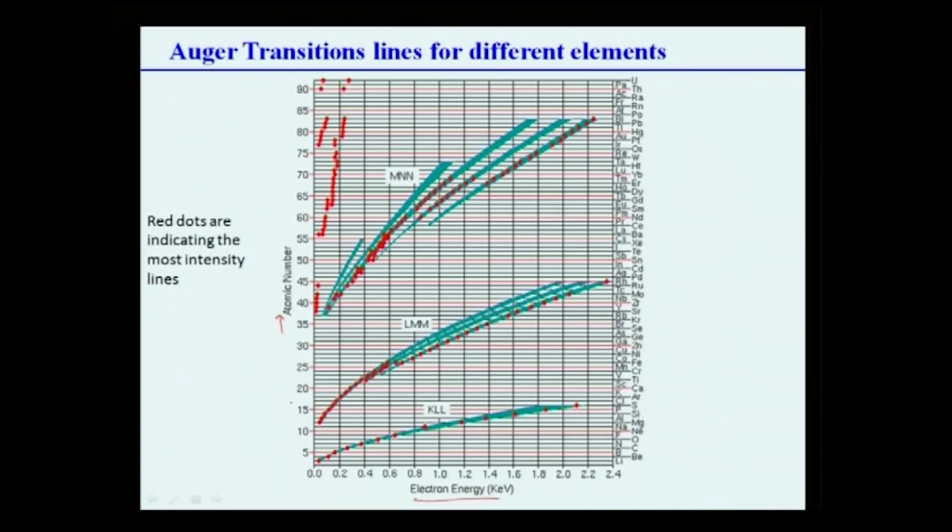As you go on, we can observe LMM transitions from atomic number about 12 to about 40, and then MNN transitions from about 37 to about 84 or 85. You can observe higher level transitions like these for very high atomic number elements. This is very important, because this table tells you what transitions you can expect.